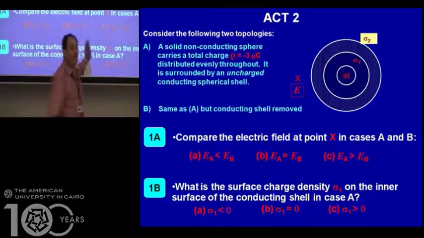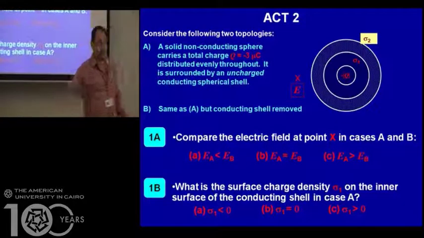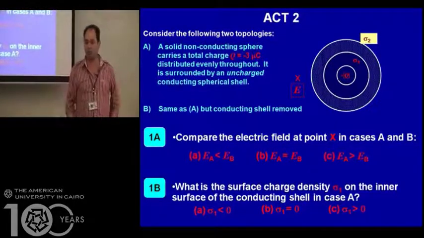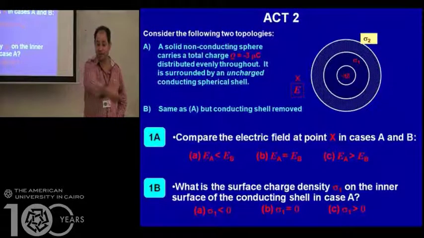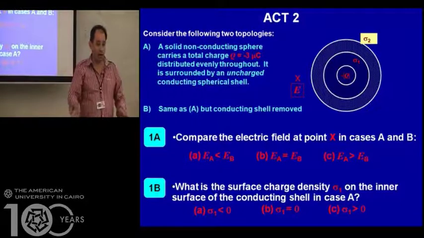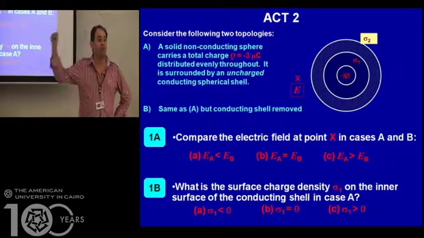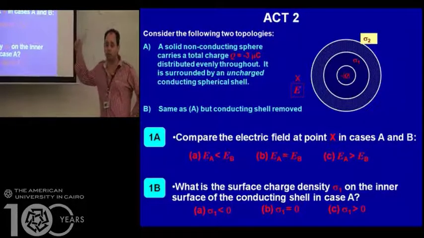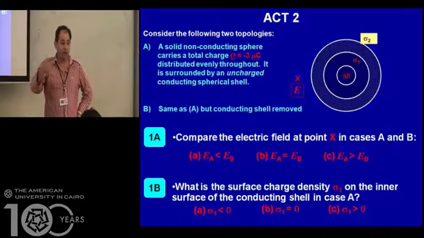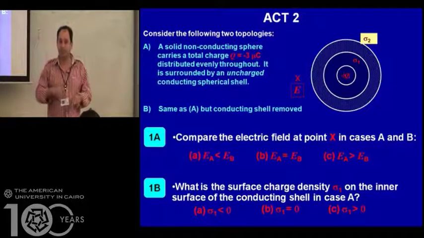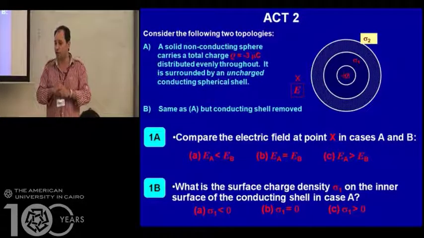Anyone who wants to assume anything, just put it on paper, come to me, I will solve it with you. Okay? And later we can scan all of them and put them on Blackboard. Think of any arrangement you want and try to solve it. If you cannot solve it, come to me, I will solve it with you, and we'll scan them and put them on Blackboard.